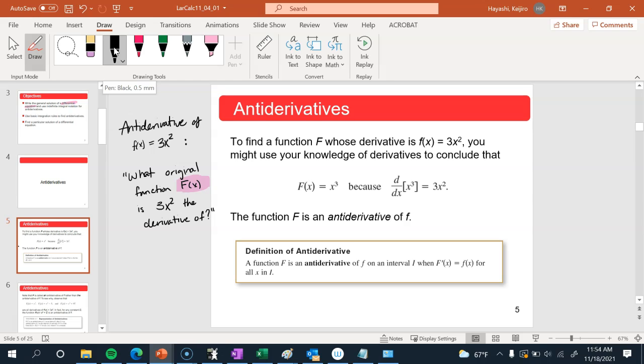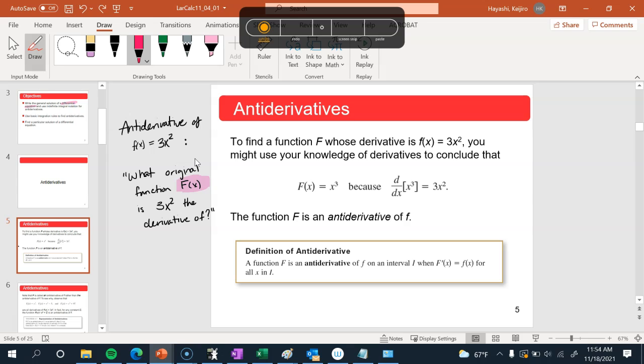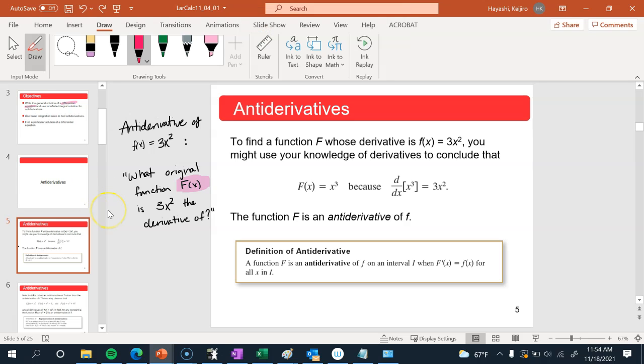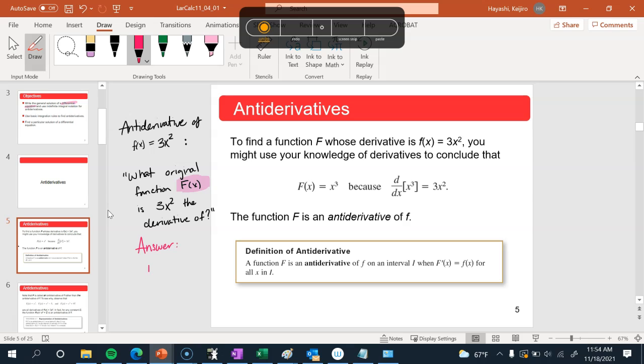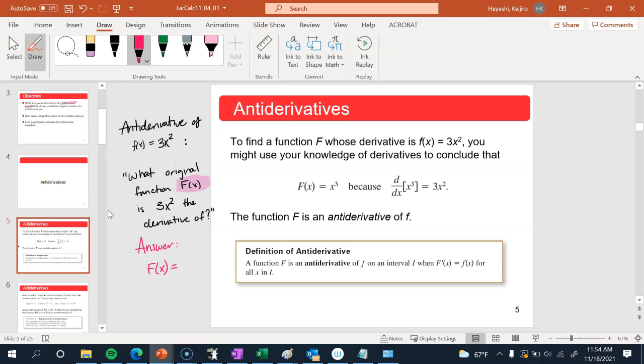So you might be able to see 3x squared and say, okay, well, that came from x cubed, and you'd be right. So x cubed is the answer to both of these equivalent questions. That big F of x, that original function that this derivative of 3x squared came from, is x cubed, the function x cubed.